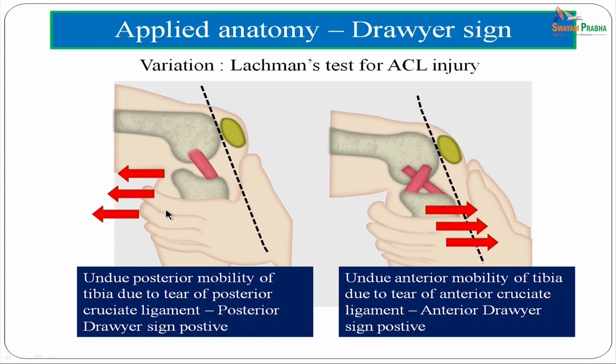An undue posterior mobility of the tibia as a result of a tear of the posterior cruciate ligament is called posterior drawer sign positive. An undue anterior mobility of the tibia due to a tear of the anterior cruciate ligament is called anterior drawer sign positive. There is a variation of the drawer sign, and that is called the Lachman's test for ACL injury. It is more or less similar to this test, except that the knee is flexed only to about 20 degrees.